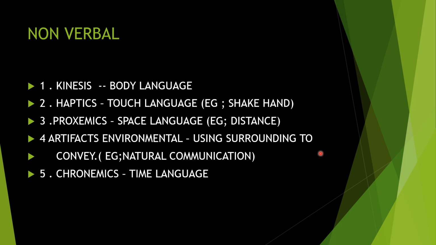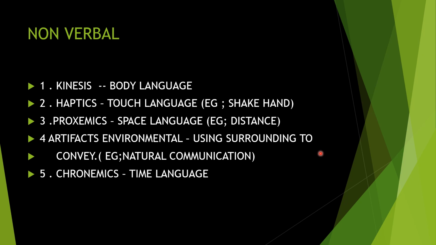We can see one example. I think a saint is moving. We never need to be told he is a saint, but from the appearance of his dressing we can understand he is a saint. Or a nun is going. We are not familiar with that person, but just from the dress code we can understand she is a nun.